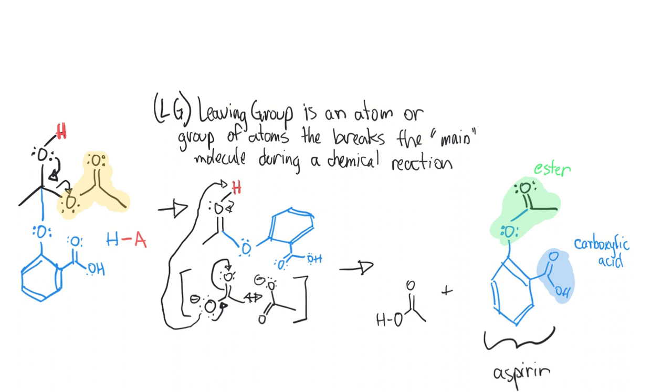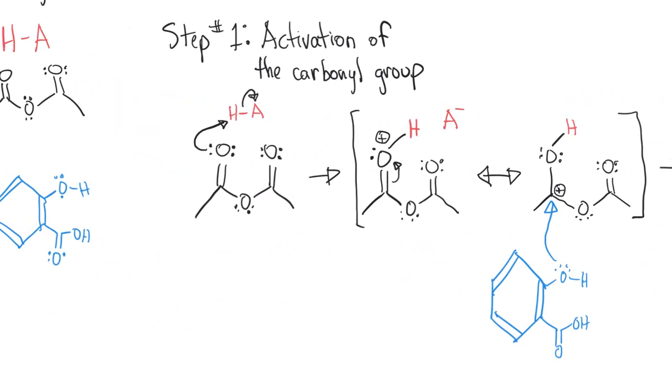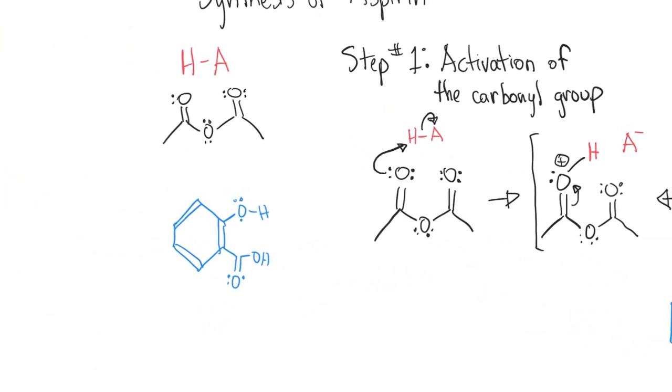So again, let's go ahead and do a quick overview from the very beginning. We have an acid that's going to act as our catalyst. In this case, we have an acid anhydride, specifically acetic anhydride, because we have one carbon here and one carbon here. So acetic is the common name for two carbons.